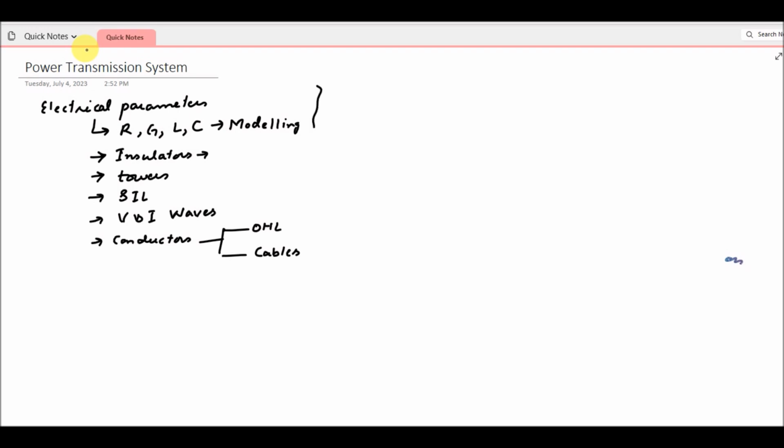So briefly talking about the power system, there are three main parts. The first one is generation, then transmission, and lastly distribution.